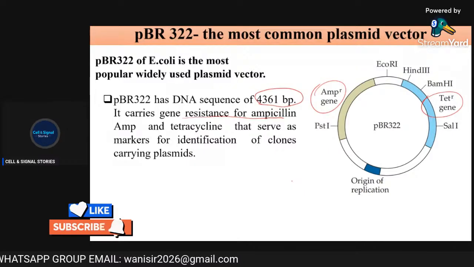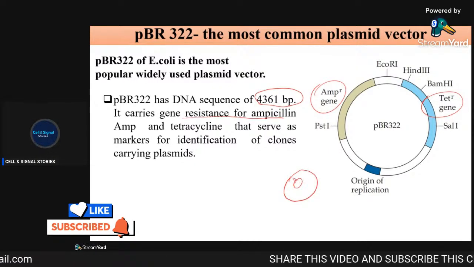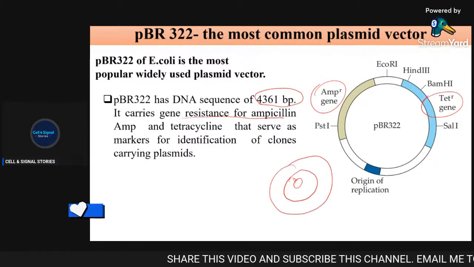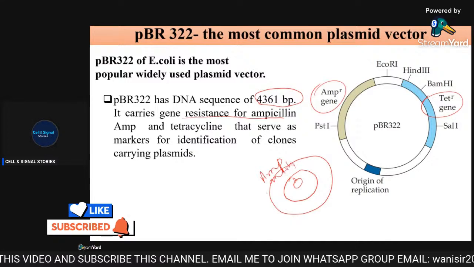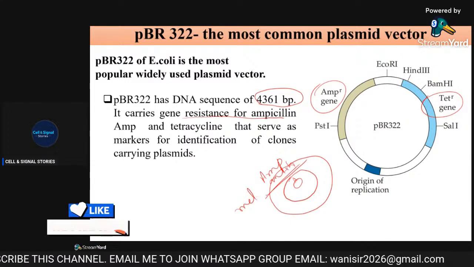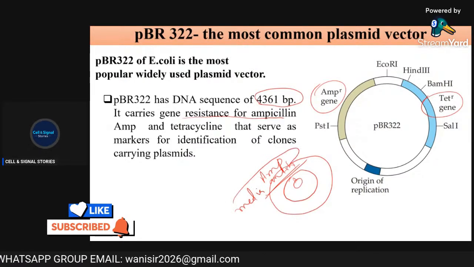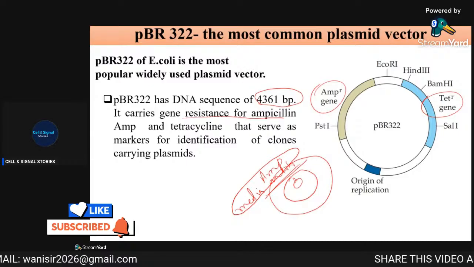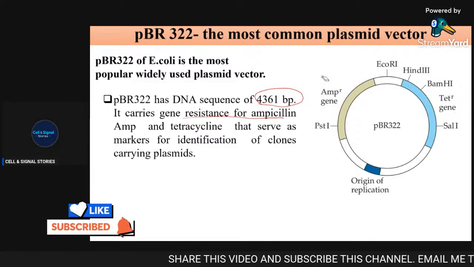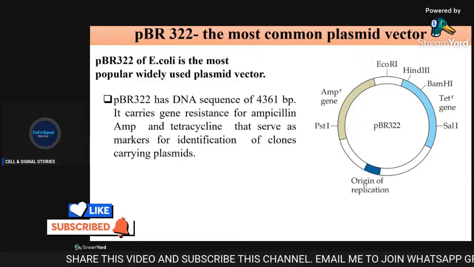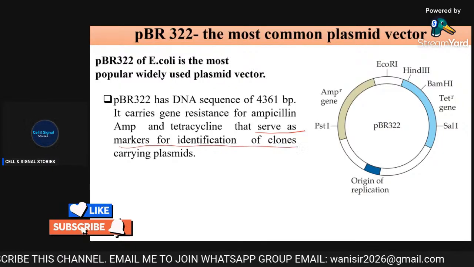It means that if we clone these vectors inside the host cell, we can easily give the ampicillin antibiotic in the media, and this resistance gene will allow the cells to grow, because they will show resistance to ampicillin. In the same way they will show resistance to tetracycline as well as ampicillin. The reason we have kept ampicillin and tetracycline genes is that they serve as markers for identification of clones carrying the vector.